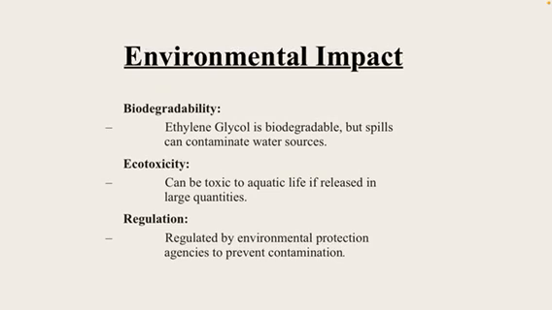It can be very toxic to aquatic life if it is released in large quantity. Basically, it's the potential for chemical substances to cause harmful effects on the ecosystem, including plants, animals, and many kinds of microorganisms. Then we have its regulations. It can be regulated by environmental protection agencies to prevent contamination.